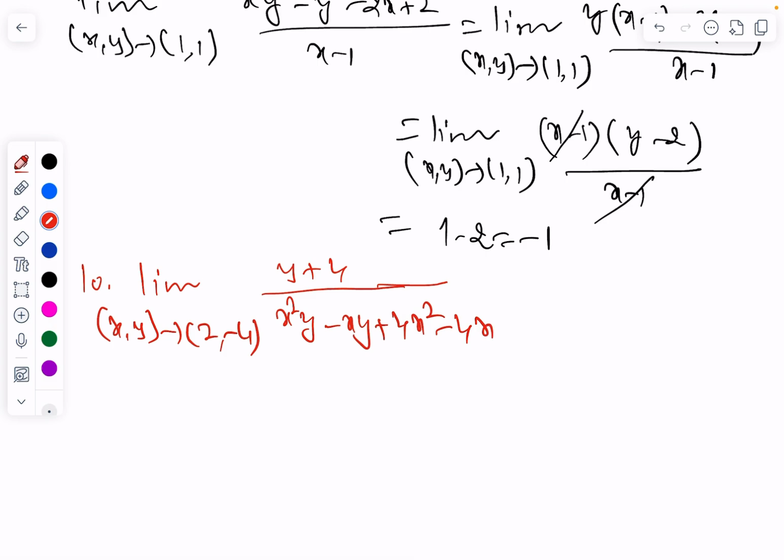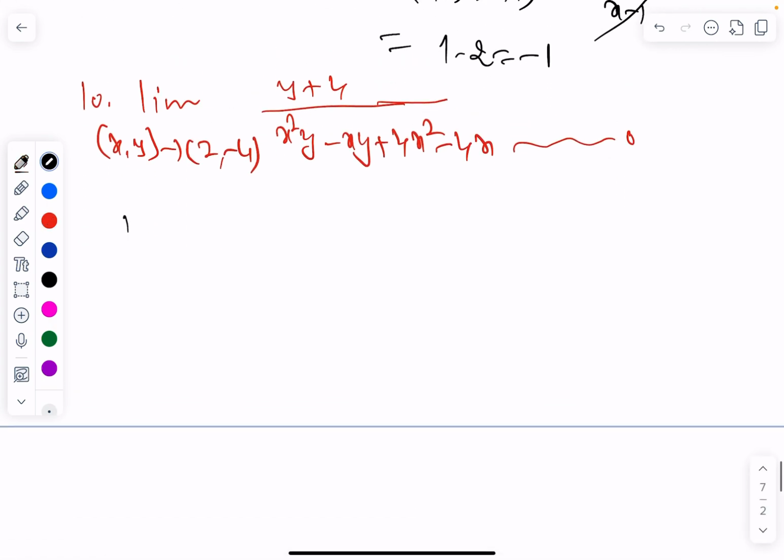So if you take x to be 2 and y to be minus 4, this denominator tends to 0. So we need to simplify this.